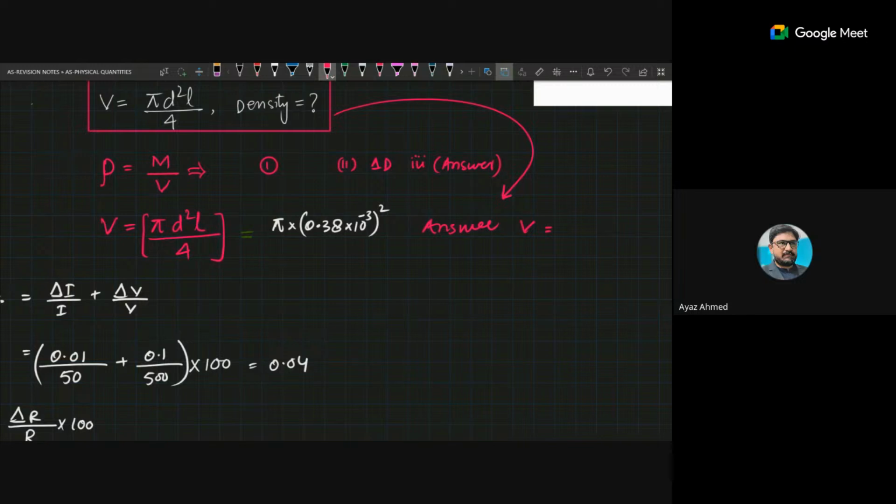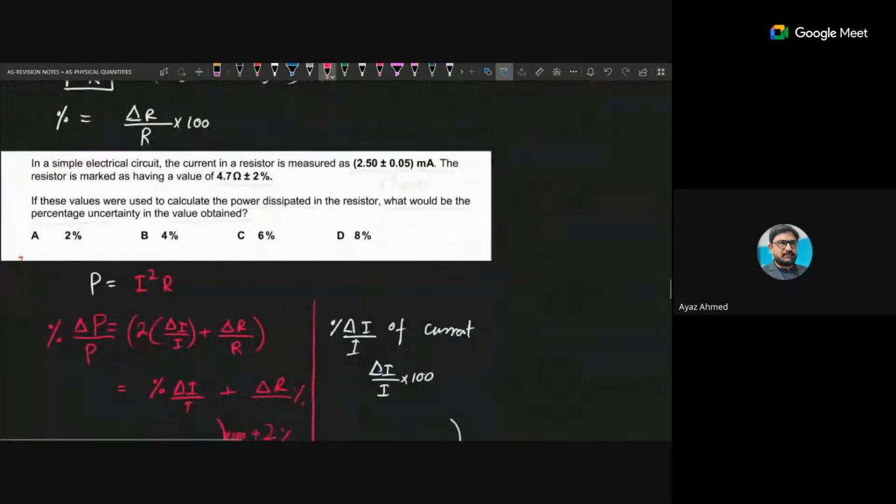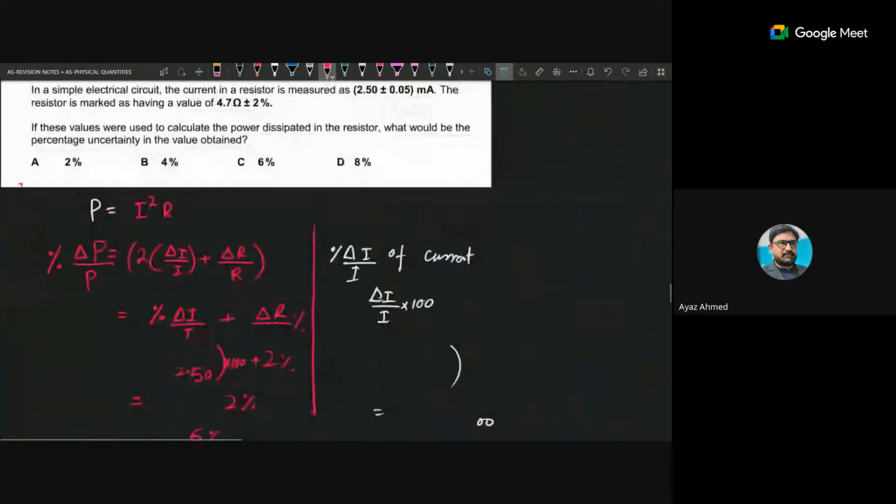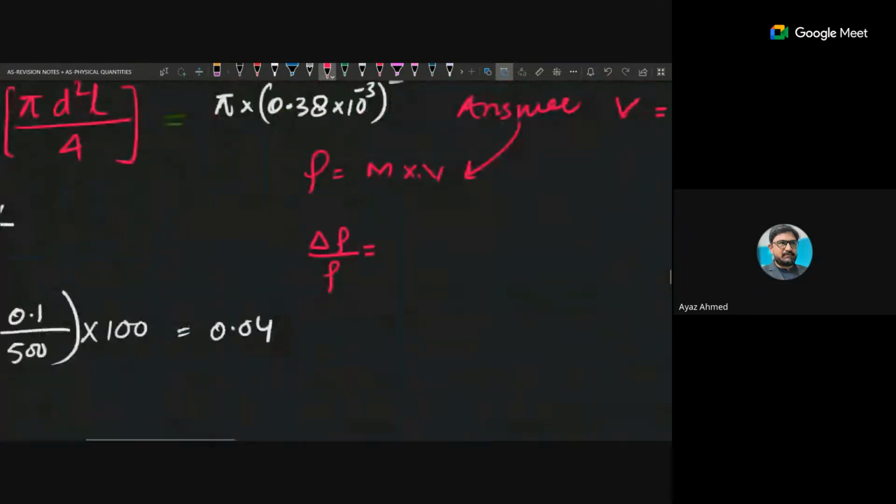Then the next one is your density calculation. Density is equal to mass divided by volume, this calculated answer. Then for delta d divided by d, you will see which variables have uncertainty.